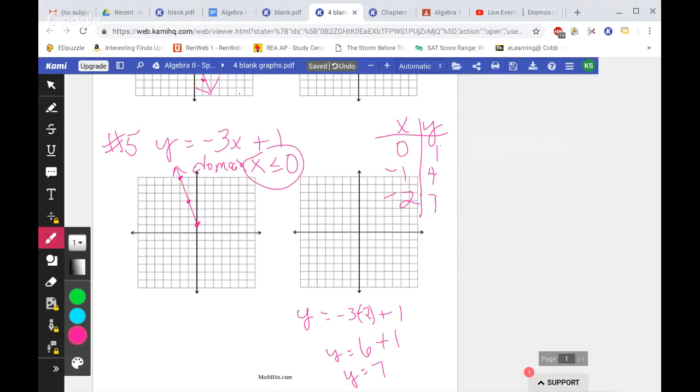Well, you've created that in this problem when they limited the domain. Then the final question is to identify the range. My lowest point is right here, so my range is y is greater than or equal to 1.